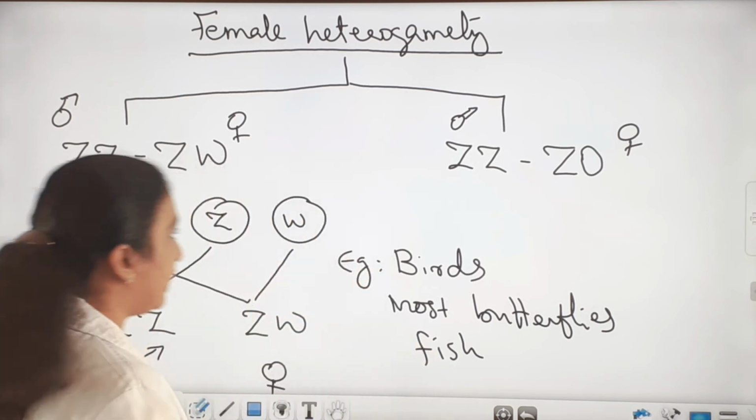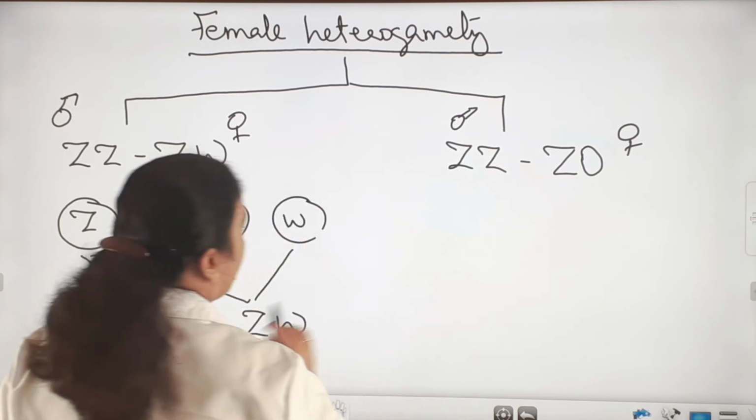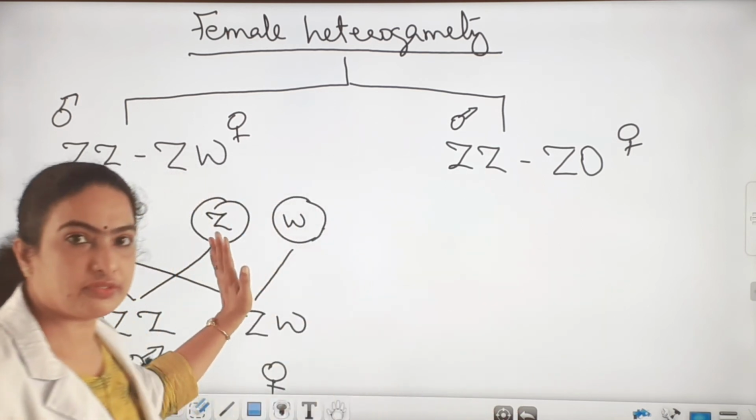Clear? Now we can see this type. Example, birds, you should write this.